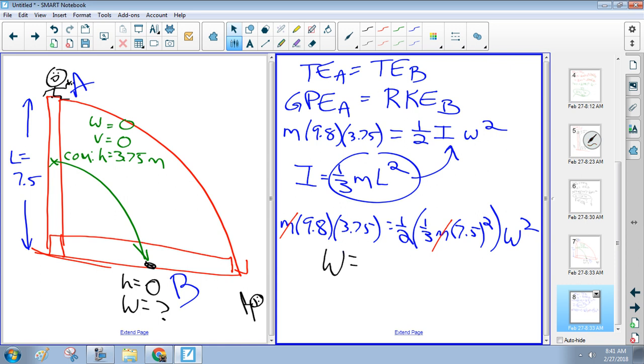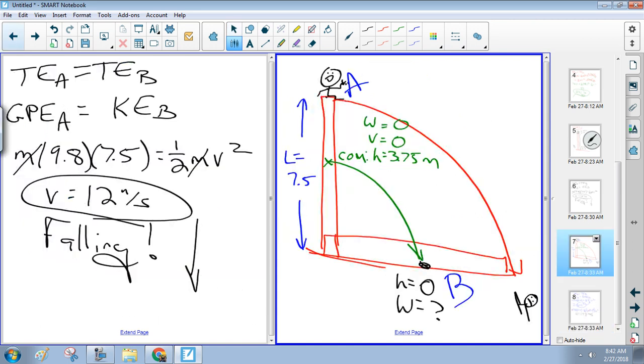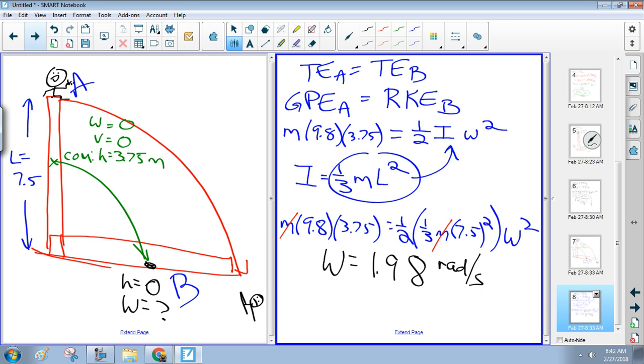So omega is 1.98. What are the units going to be because it's omega? Radians per second. All right, so which is faster, 1.98 radians a second or 12 meters a second? I don't know, apples and oranges. Can't compare radians per second to meters per second. What do I need to do? Use your jumper equation.